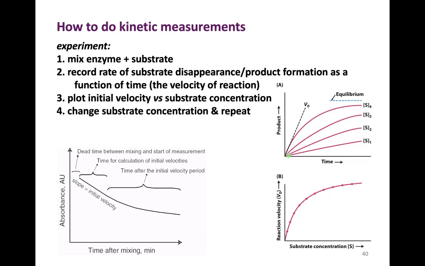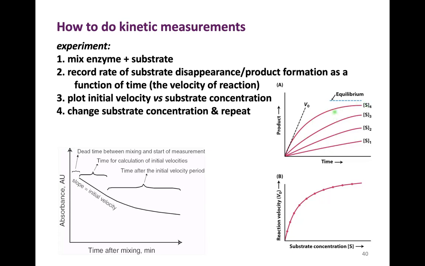And at one substrate concentration, we get this plot, this lower one. Dump that out when the experiment's over, clean out our cuvette, set it up again, add a different concentration of the substrate, and we get this plot. Repeat and rinse, repeat and rinse, and repeat and rinse.